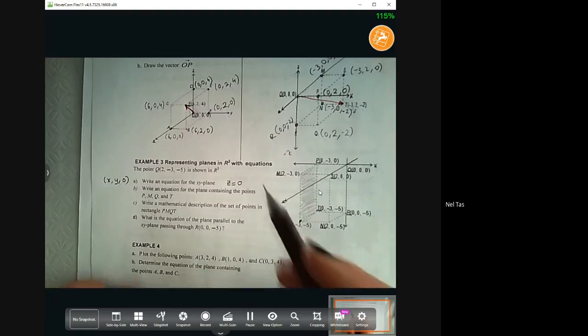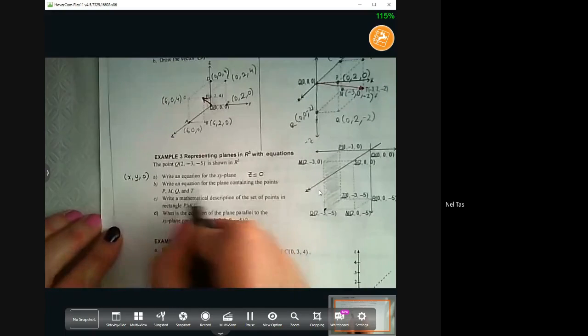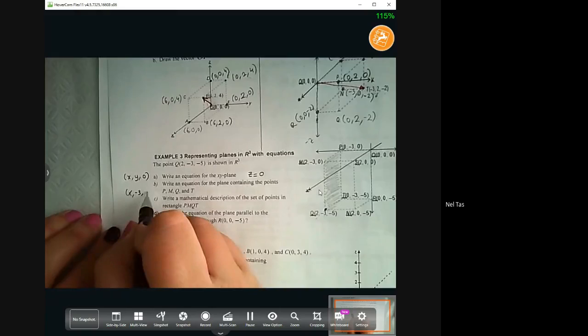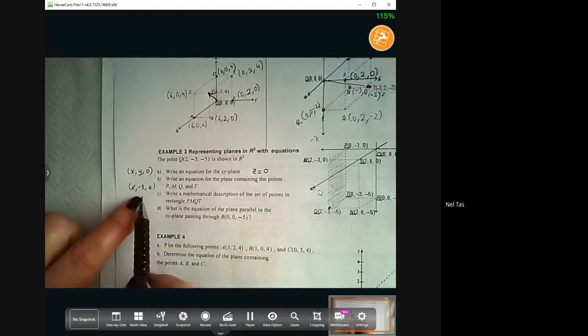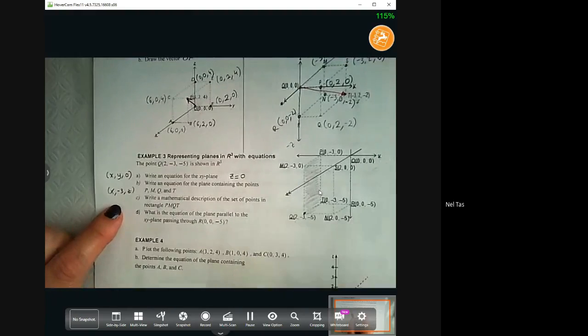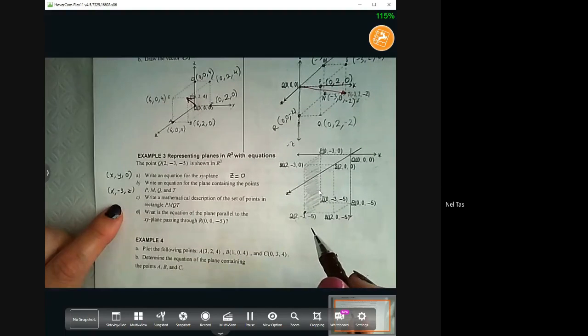This means that if I have any point on that plane, those points will have coordinates of (x, -3, z). So what is common? The y coordinate is always -3. Therefore, we say the equation of that plane is y equals -3.